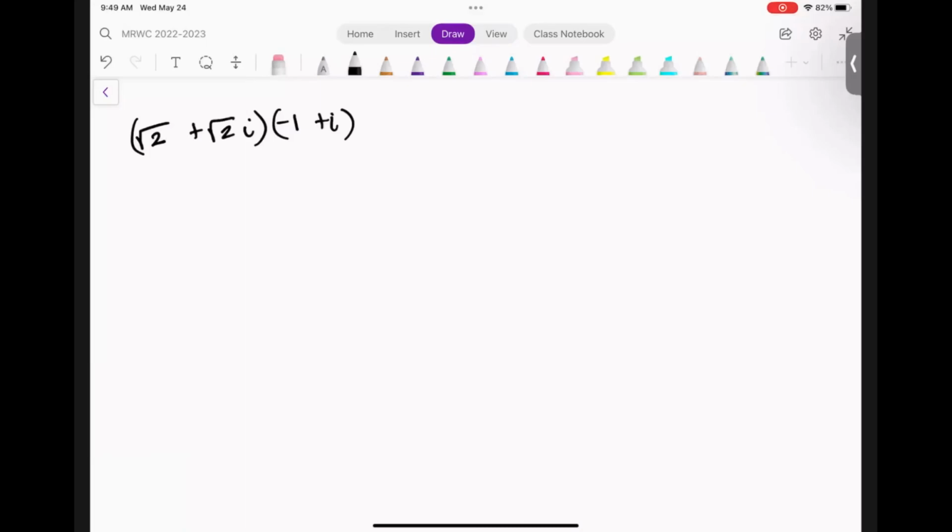All right, so we are going to multiply these complex numbers and convert them into polar and trig form. Now, again, you have a choice.